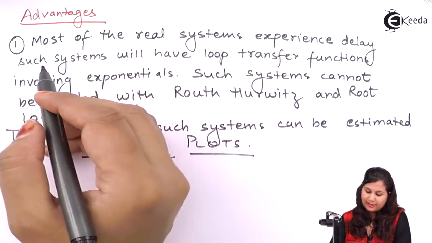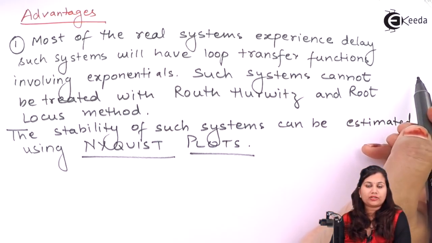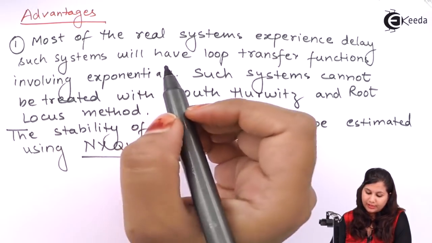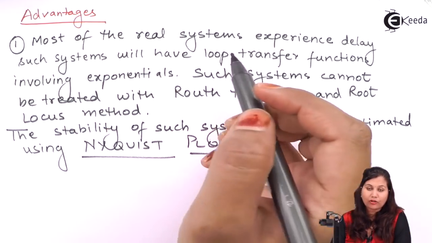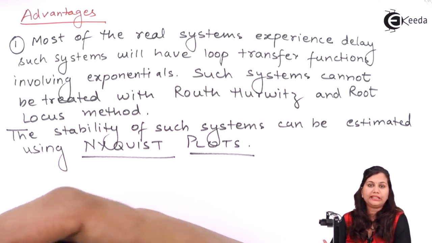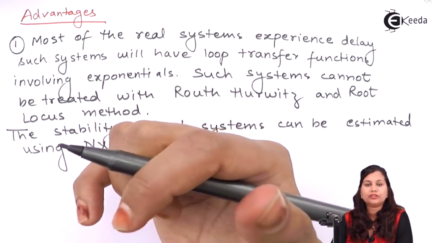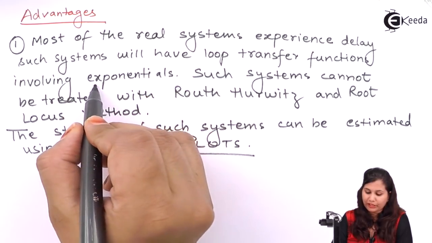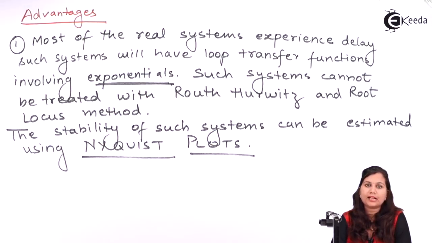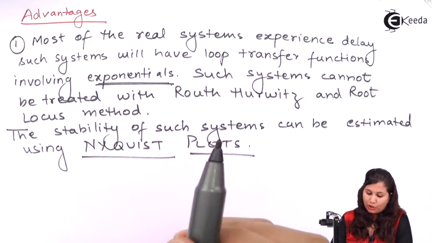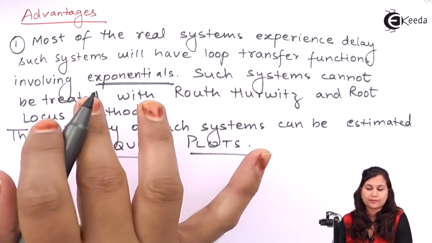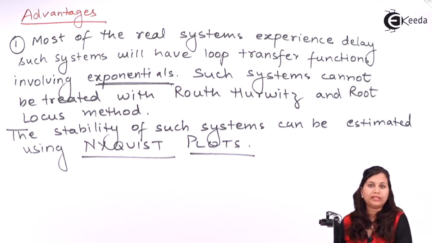So these systems have a loop transfer function which involves exponential terms. Such systems cannot be treated, or their stability cannot be found out, using the Routh-Hurwitz and root-locus methods, because exponential terms are involved. So for finding out the stability of such systems, the Nyquist plot can be used.